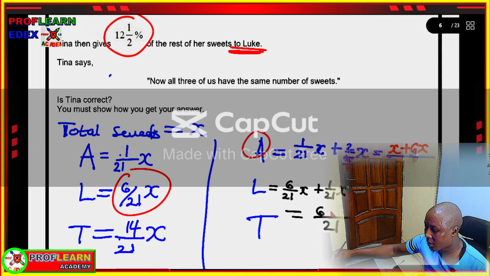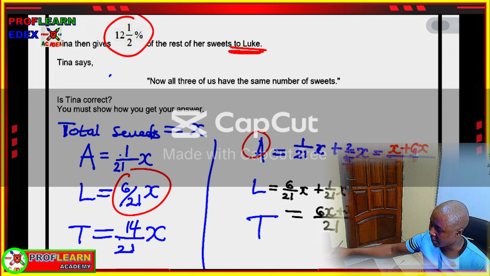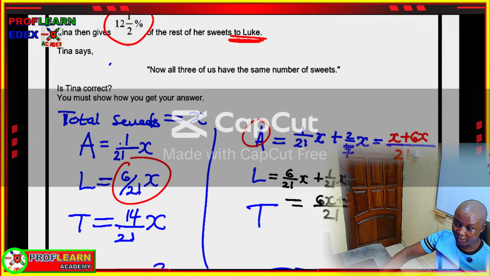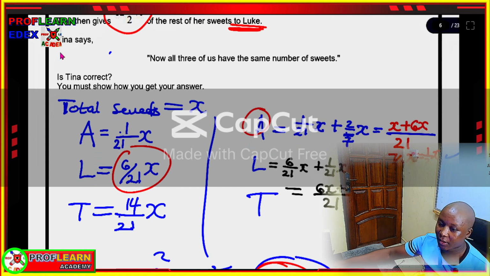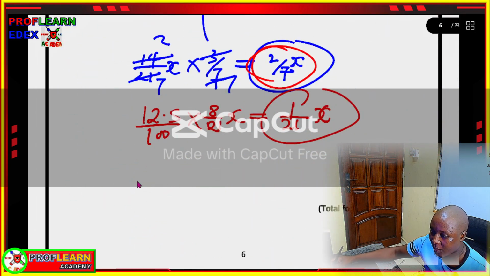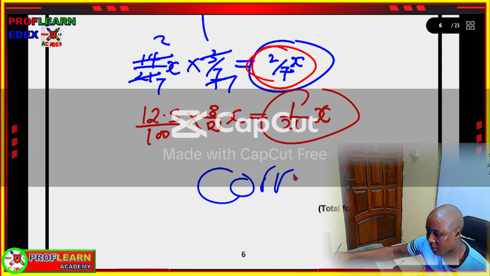This is going to be 6x plus x, and that's going to be 7 over 21 x. If you cancel out, you are going to have 1 over 3 x. So you can see Luke and Hadi have the same number of sweets, and that's exactly what we were supposed to show. Is Tina correct? Tina is correct.